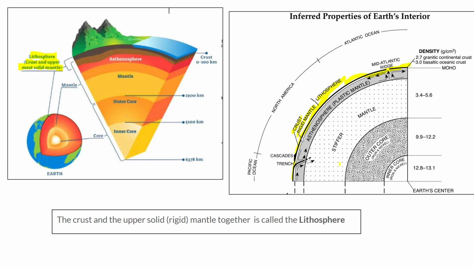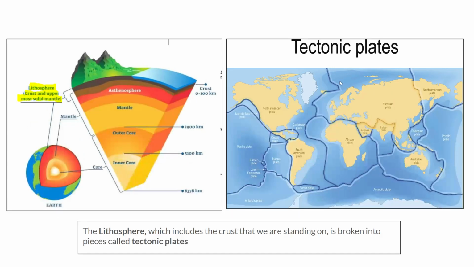Both of these together is what we call the lithosphere. And the lithosphere is actually broken up into smaller pieces called plates, as you can see here. This is the world map, and you can see the different smaller plates that the crust, or the lithosphere, is broken into.